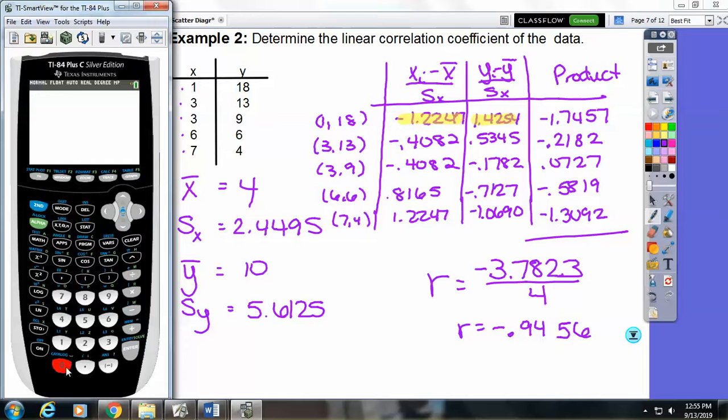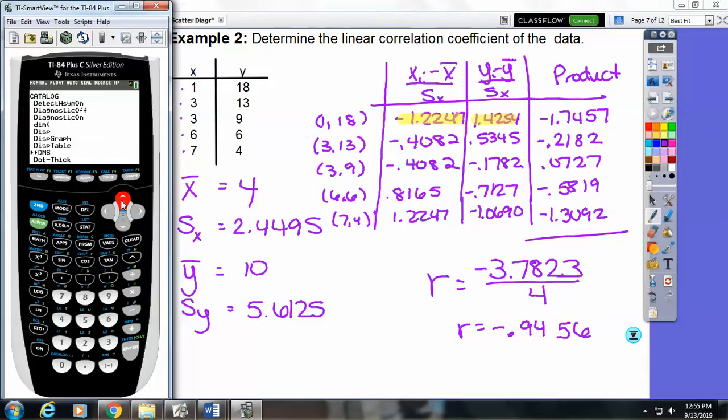You need to hit second and 0. We need to go to diagnostics. You should be able to hit a D, or just scroll down. You need to find diagnostic on.